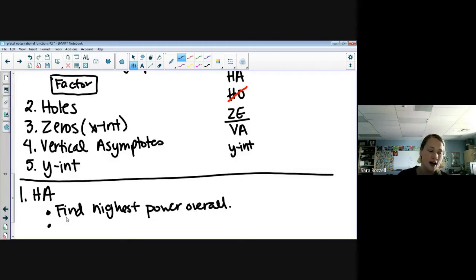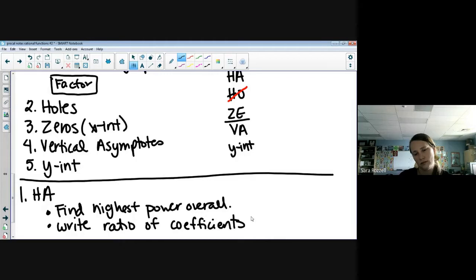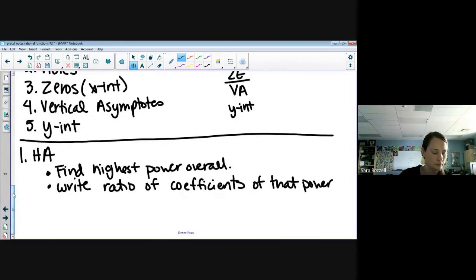Then we are going to write the ratio of the coefficients of that power. So you look at the top, you find that power, you write the number that's in the front. You look at the bottom, you find that power, you write the number that's in the front.